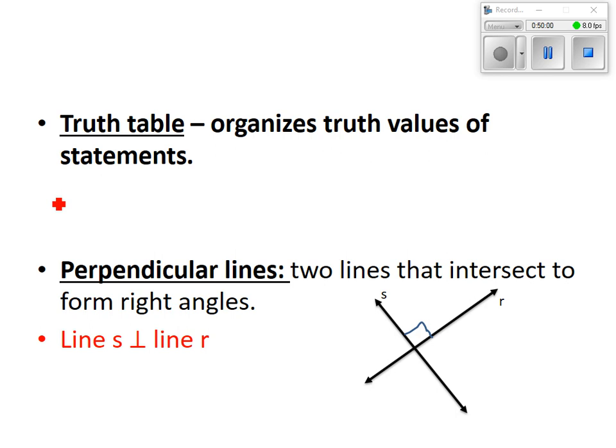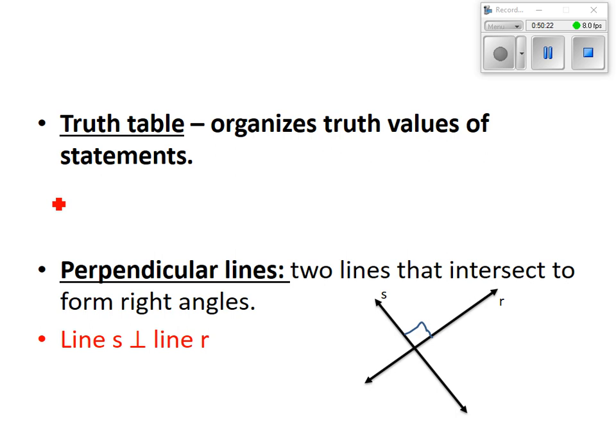Do you know whether it's true or false? No, because it's a nonsensical statement, right? But we can make a truth table for them to try to make a decision if it's true more times than it's false, or if it's false more times than it's true. And we'll talk more about truth tables here in a minute.